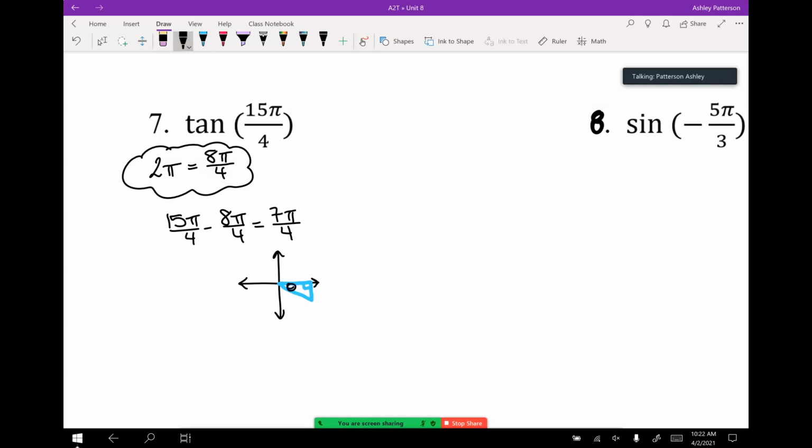This leaves us with a reference angle of pi over 4. Just like the previous example, the coordinate we're going to use is rad 2 over 2, comma, negative rad 2 over 2. Since these are the same, this is so nice for tangent. We're dealing with a 45-degree reference angle, or pi over 4. In the fourth quadrant, that means that tangent is negative 1.